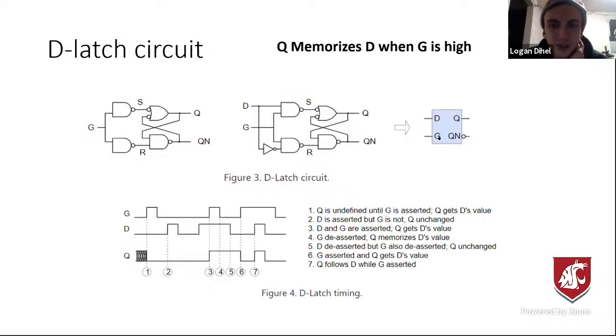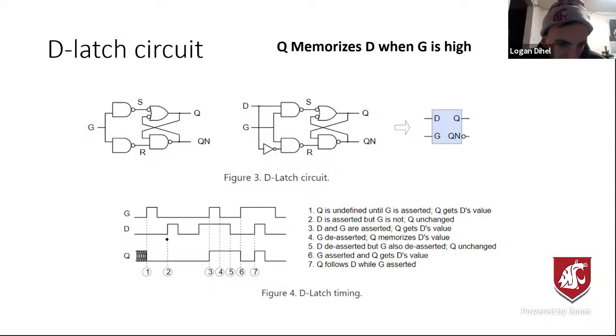This one is drawn like this. It's built up of these gates like that. Its job is to memorize whatever D is when G is asserted. So when G is a 1, it's going to memorize what's on D. And when G is a 0, it's going to keep Q at whatever D was when G was high.